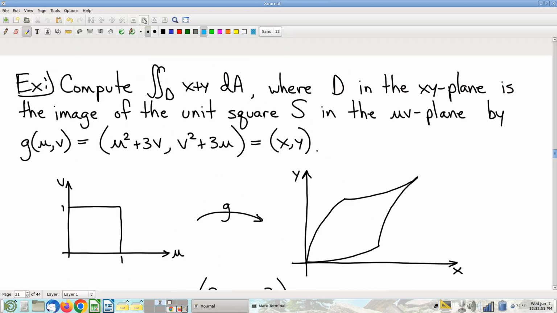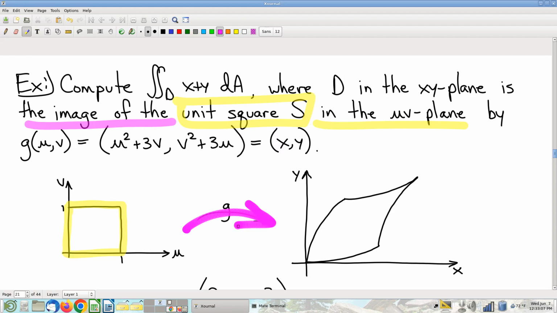Here's the question. We are given a domain that's defined as follows. I start with the unit square in the UV plane, and then we look at the image of that unit square. Specifically, the image is some set in the XY plane.